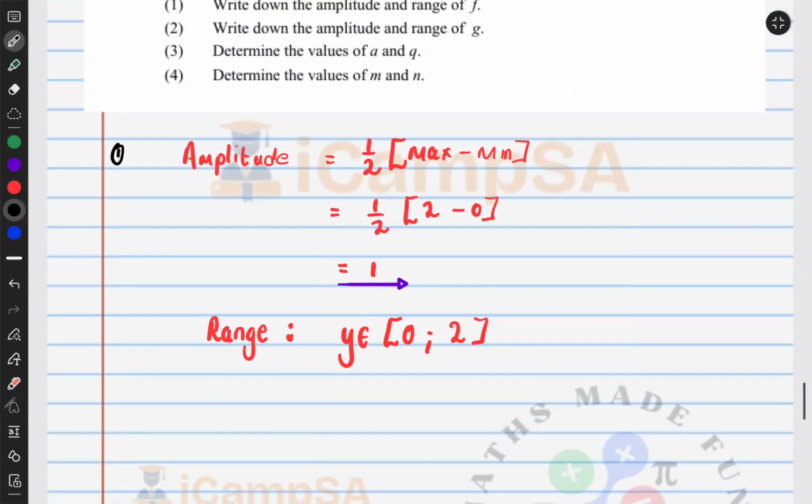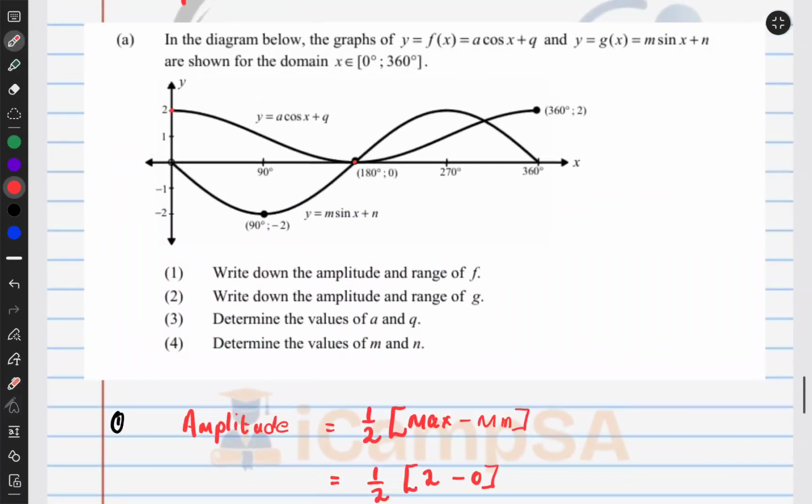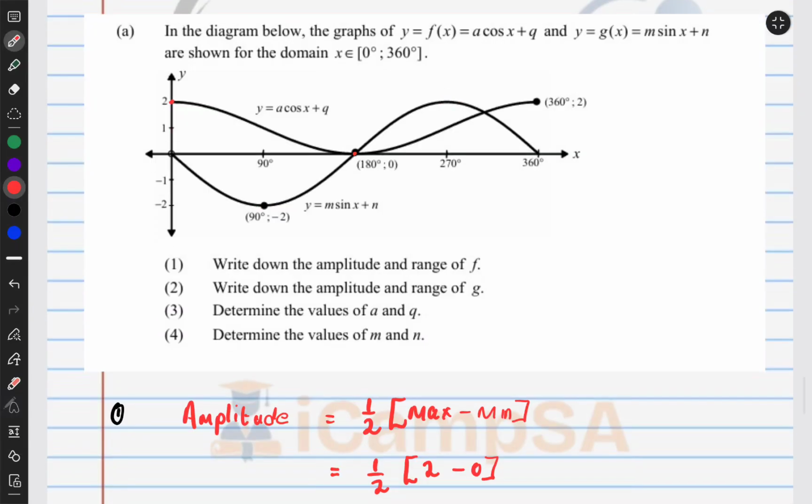Okay, and then next we have to write the amplitude and the range of g. For the amplitude, let's use the formula 1/2 (maximum value minus minimum value). The minimum value here is -2 and the maximum value is +2.